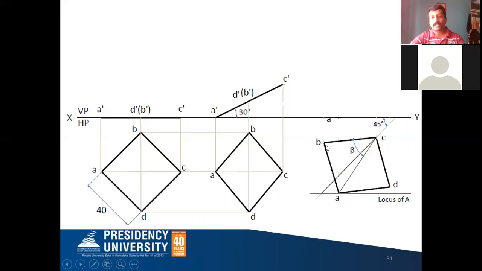From A, you cut it on either side. From C, you cut it on either side. So wherever these arcs intersect, you're going to get B and D. This is how you have to redraw the previous apparent shape of the top view, such that this AC should come on the apparent inclination line which you have taken. So this completes your top view.